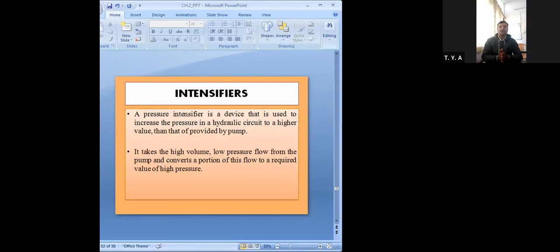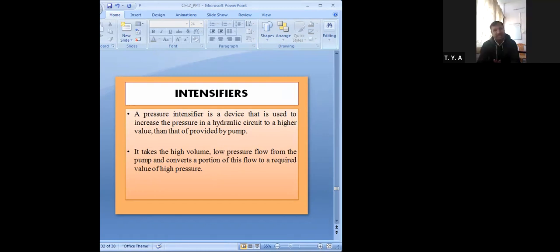Now today we'll discuss one more important element of the hydraulic circuit, that is an intensifier, which you can also call a pressure intensifier. Here itself I want to clear one thing: pressure intensifier is one name, and you can also call this component or element of the hydraulic circuit a pressure booster.